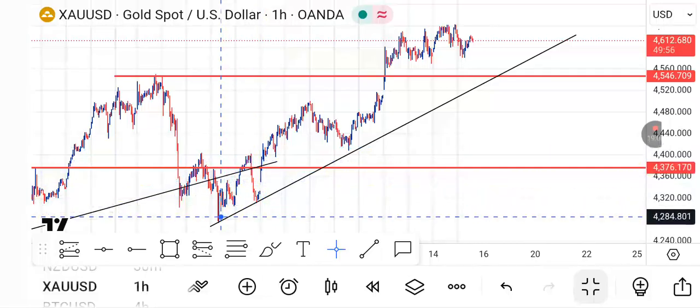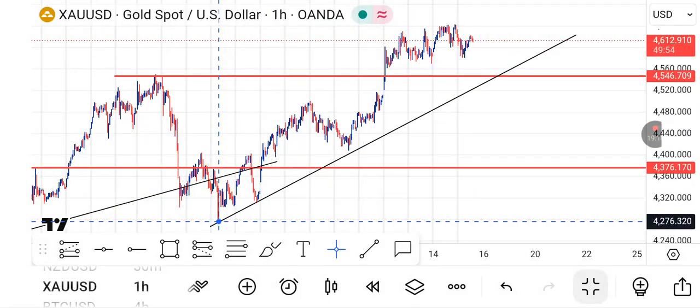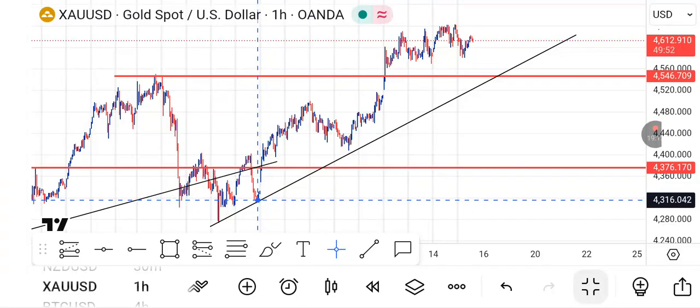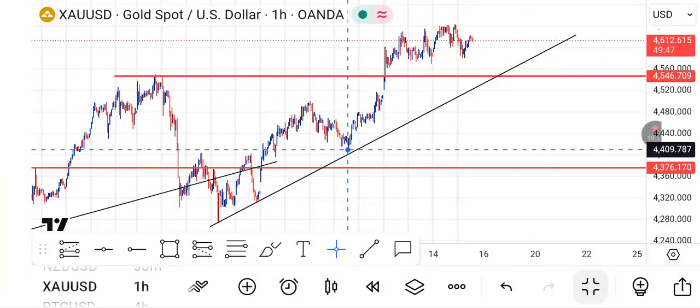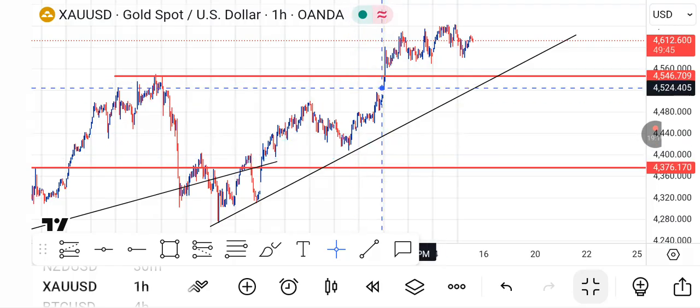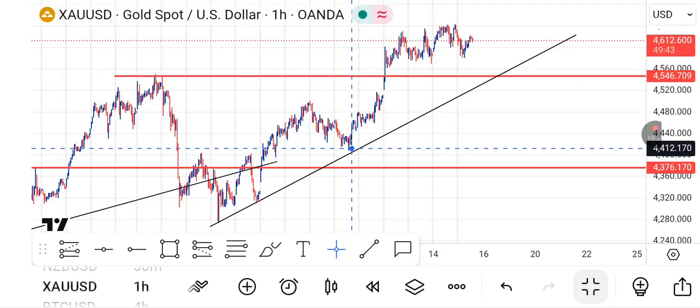As I said, first, second, I connect and extend the trend line. So now, it's supposed to touch here to continue, but it did not. Sometimes it does things like this.